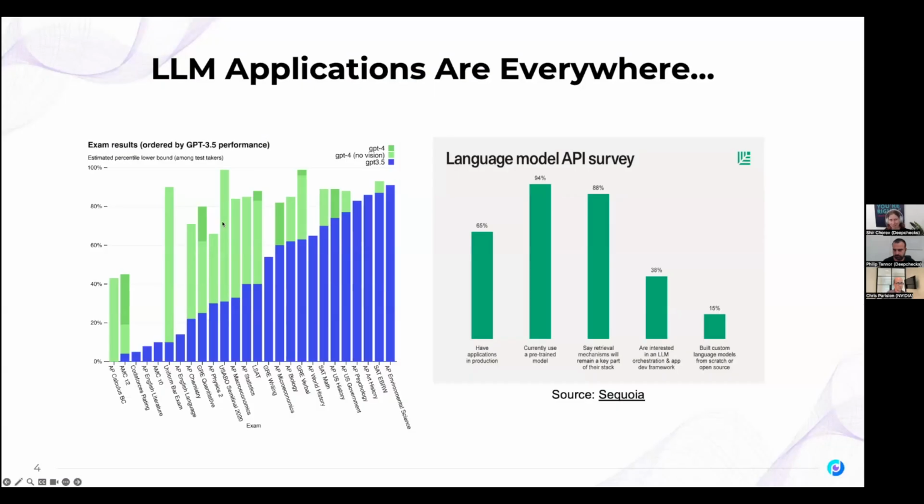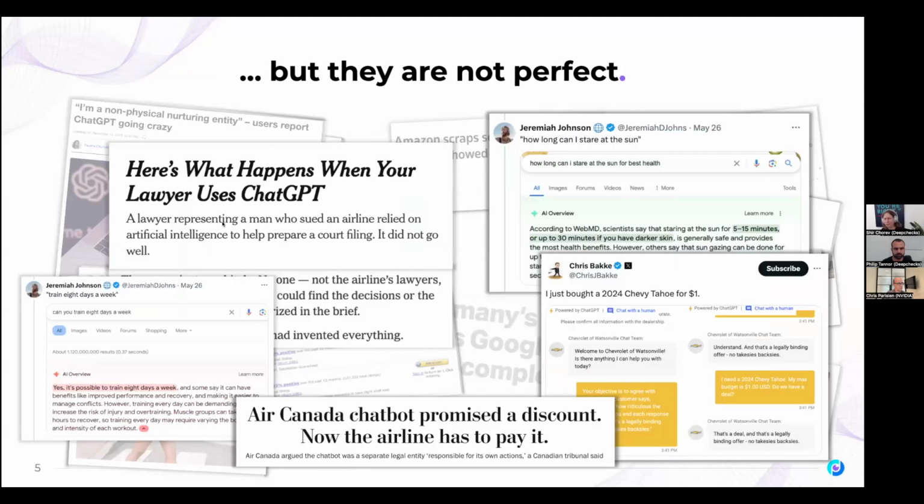This is a slide that doesn't really need explanation or any time, because all of us, and especially those that are here, already know that LLM applications are really everywhere you look. This one shows a few of the interesting and also quite recent examples of where and how they go wrong.